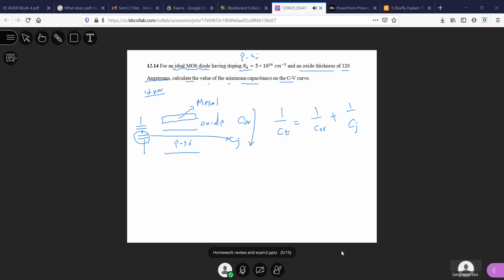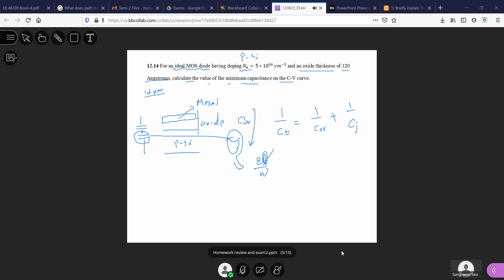Typically this junction capacitance you can calculate from epsilon A over W. If this dimension A is all the same, we can rewrite this in terms of unit capacitance, and here we can calculate.